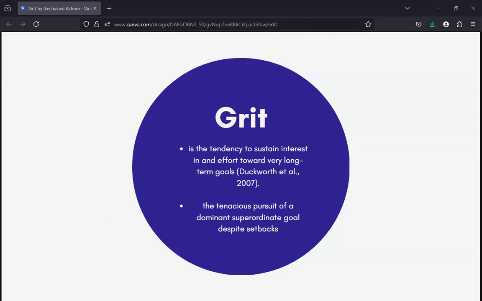Grit basically talks about perseverance. Perseverance, not giving up, no matter the situation. And one of the reasons we like to talk about grit before classes start, before the journey into CodeCamp starts, is because if you don't have this, you will not make it to the end. And it's a proven fact. It has been tested, tried, trusted.